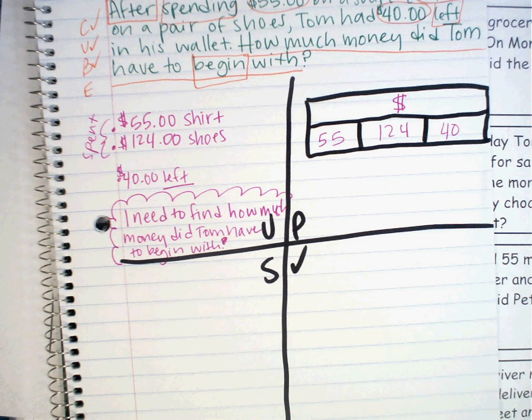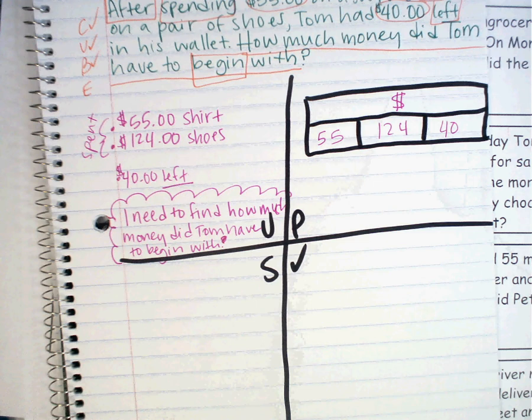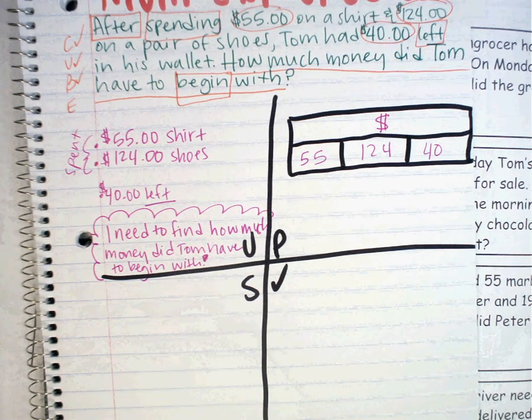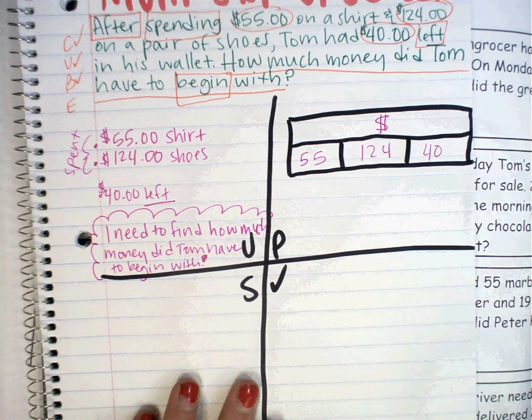Okay? So now we need to write our equation. So if I have a part, and I'm looking for the whole, what am I going to do? Think about it. If I'm trying to find the whole, I only have two options. My options are to multiply or to add. So in this case, am I multiplying my amount of money? I would love for that to happen when I go shopping, but that's not the case, right?